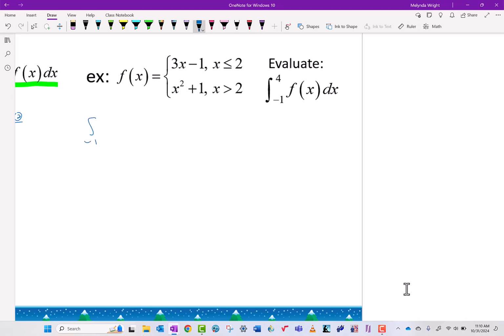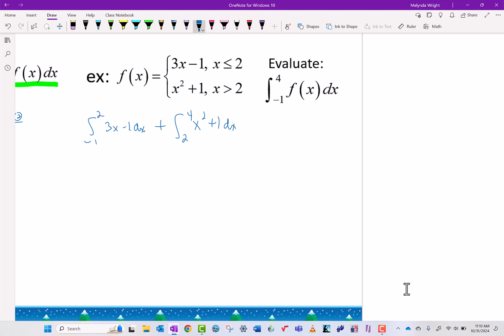We go from negative 1 to 2 of this top piece, because that's when x is smaller. So it would be 3x minus 1 dx. Plus, and now we go from 2 to 4 of this lower piece, x squared plus 1 dx. So our first task is to break them apart because it's a piecewise function, and the part that we want to integrate overlaps both pieces.